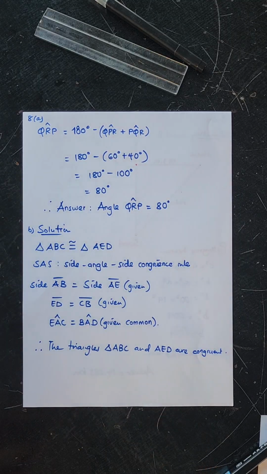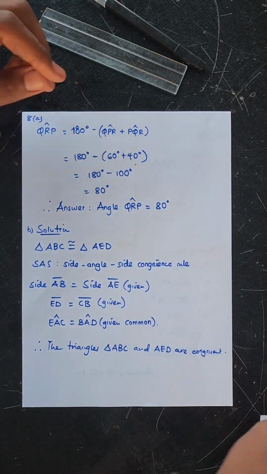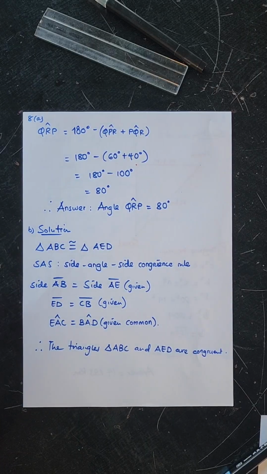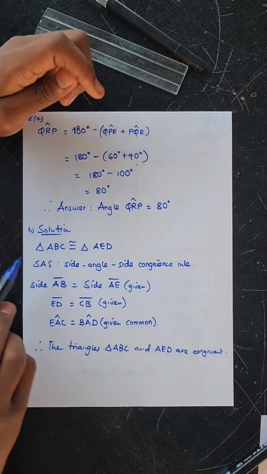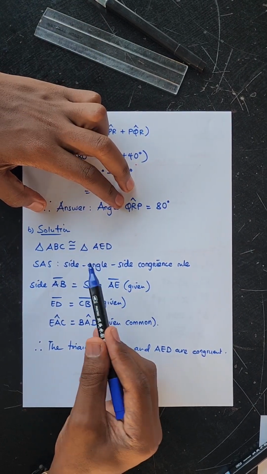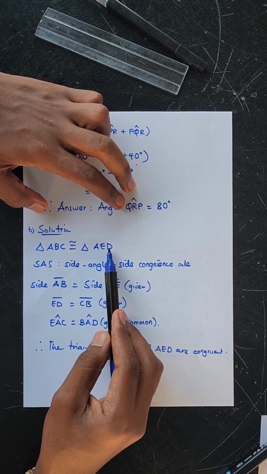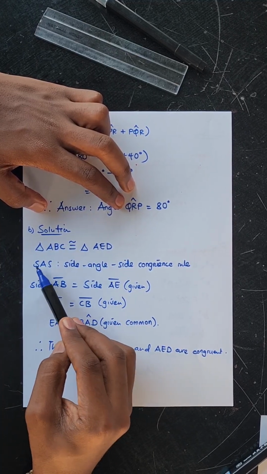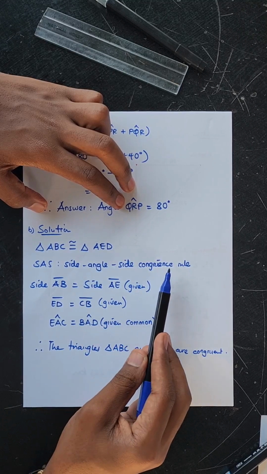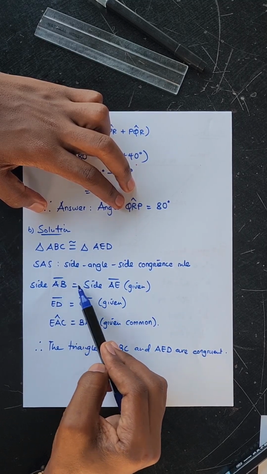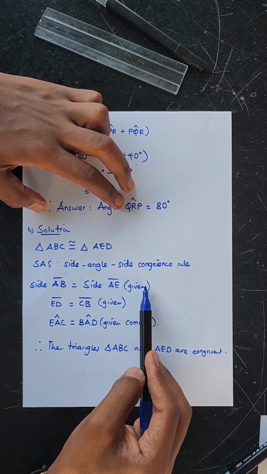Okay, so sorry everyone, but the camera cut off at some point. So this is the solution for number 8b. We were proving that triangle ABC is congruent to triangle AED, and we use the rule of side angle side, which is a congruence rule. So side AD is equal to side AE, this is a given.